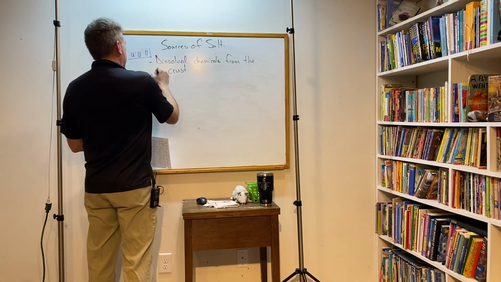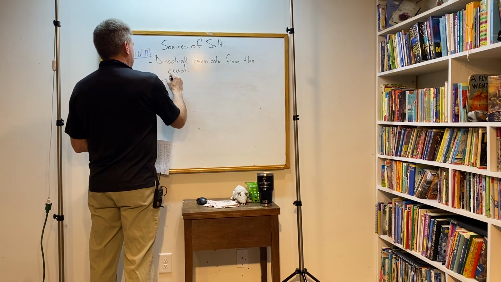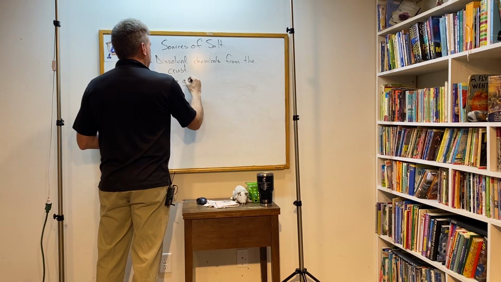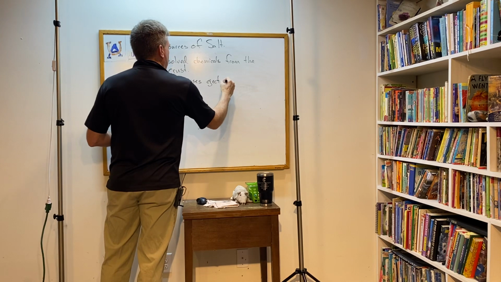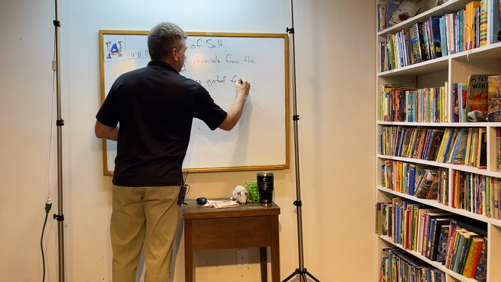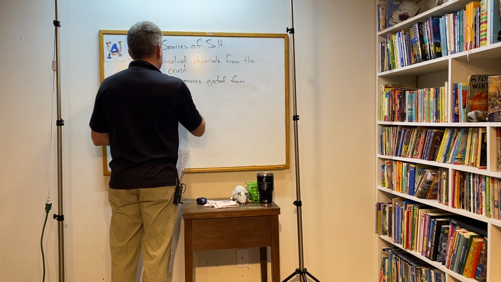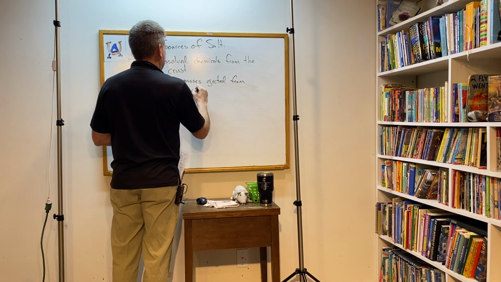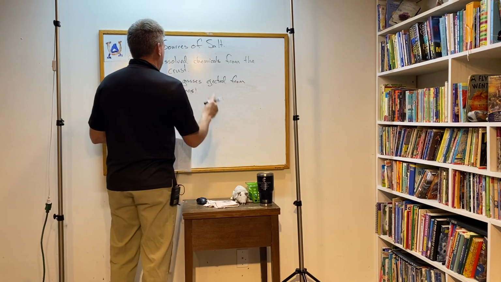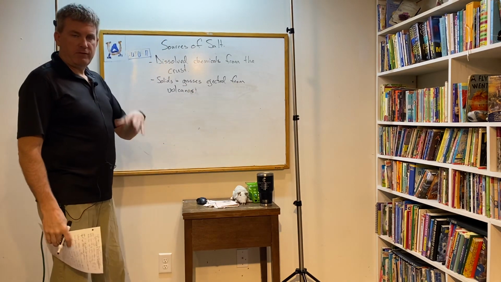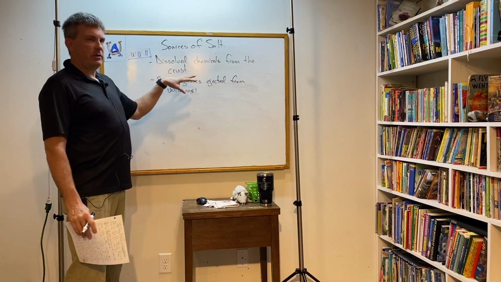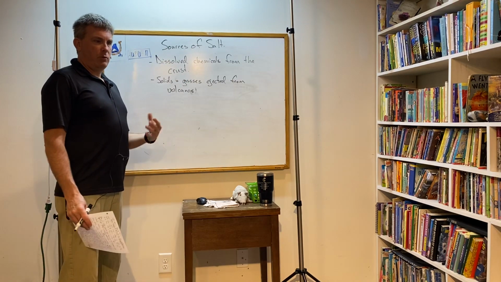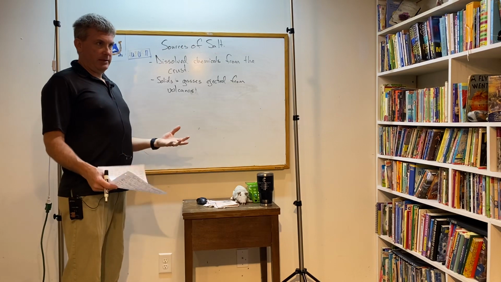Solids and gases ejected from volcanoes. You're like, how in the world does something thrown out of a volcano become salt water? Well, again, you're talking about chemicals from the crust of the earth. A volcano liquefies it, makes it magma.